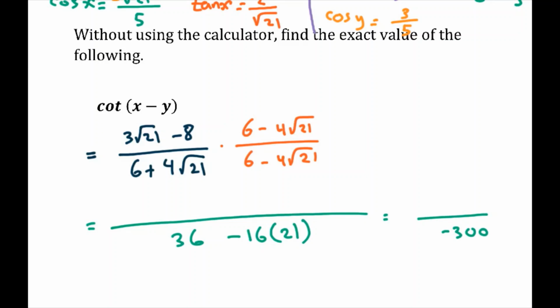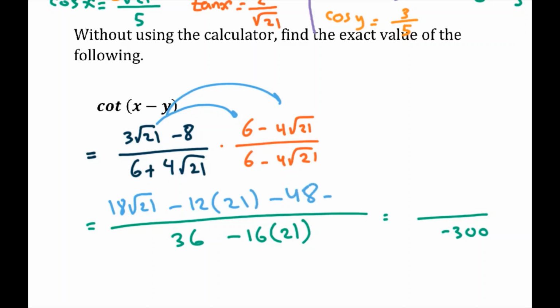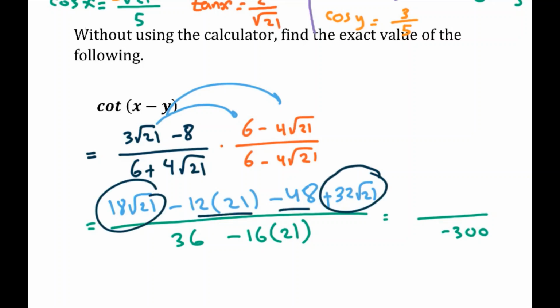Now about the numerator, you are going to expand, so it's going to be 18 square root of 21 minus 12 times 21 minus 48 minus 32 plus 32 square root of 21. Now if you add these, you will get negative 300 plus 50 square root of 21.